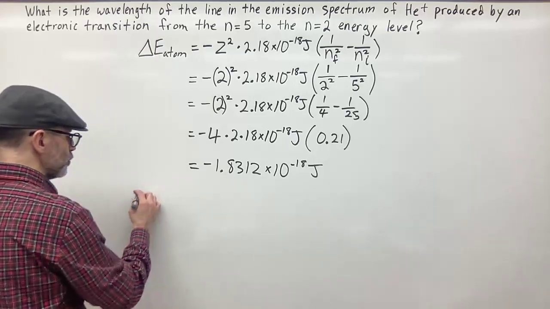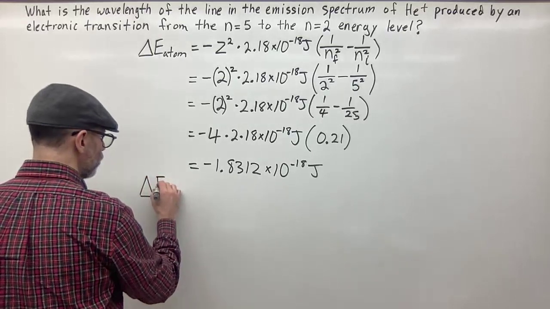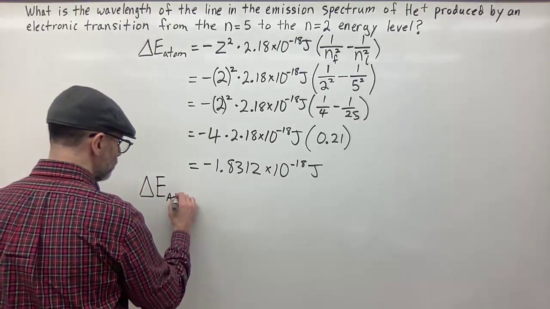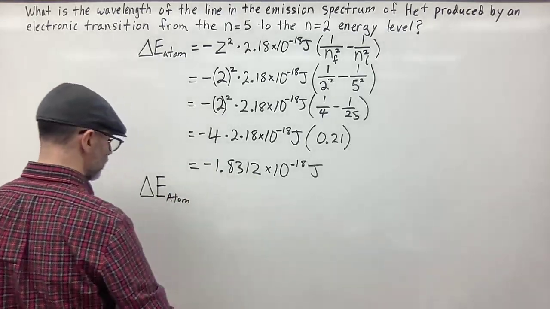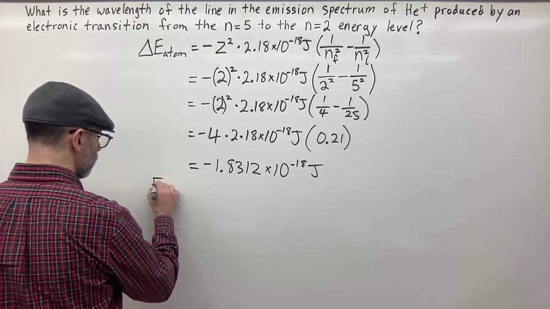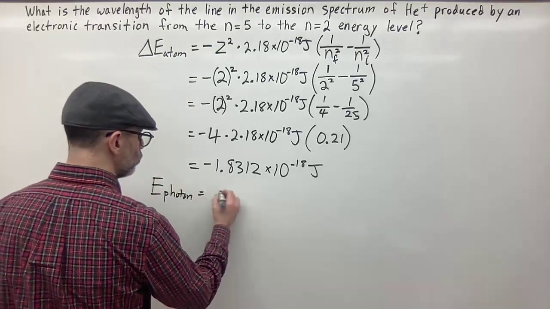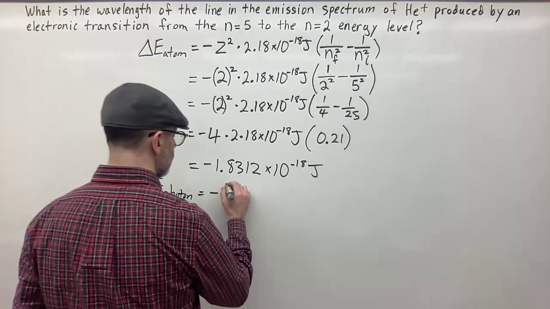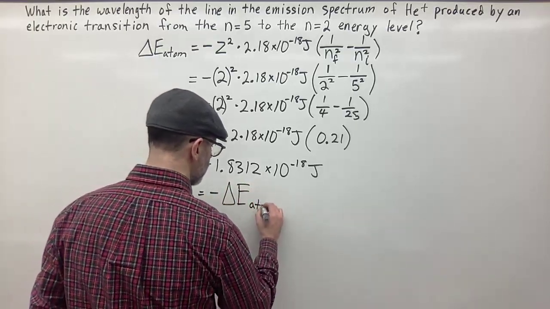So the energy of the photon is going to be equal to negative the energy change of the atom.